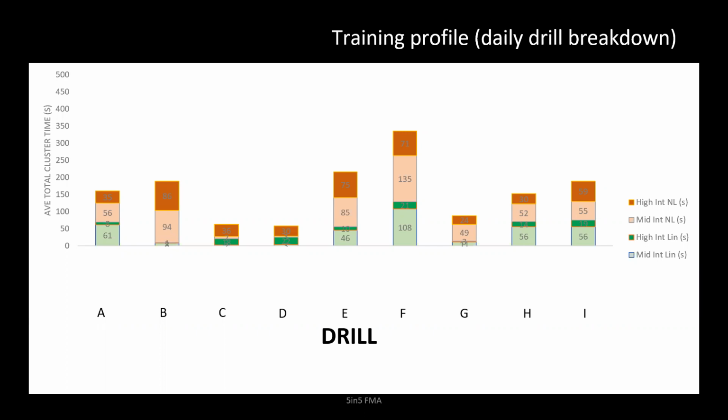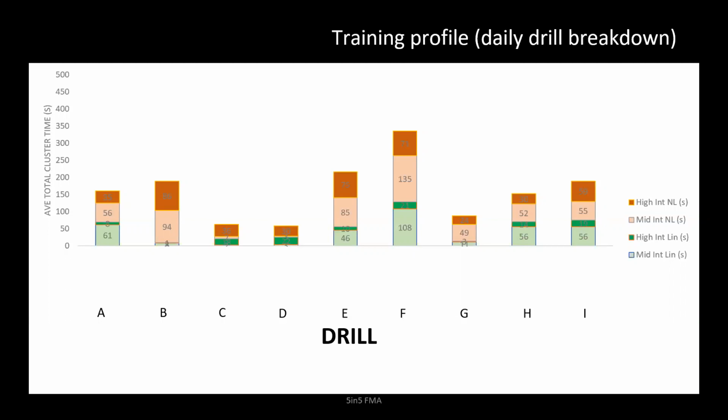Working from the bottom up, the light green is medium intensity linear work, then the dark green is high intensity linear or running work, then the pink is medium intensity non-linear or mechanical, dynamic work, and the brown is high intensity dynamic work. Here we've got 9 different drills, all of which have their own profile and their own identity. This is training activity.